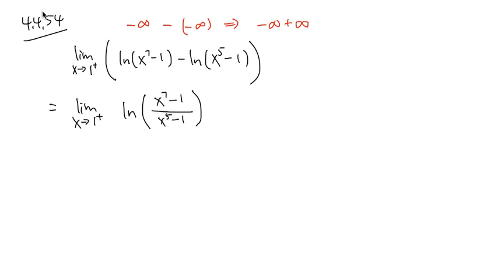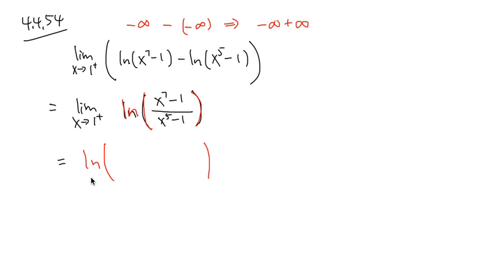And now, to continue with the next step, I'm going to focus on this part. This is ln of a function inside. When you're taking the limit of an ln, it's actually the same as ln of whatever the limit is. So let me write this down for you guys. In fact, I can pull the limit to the outside.